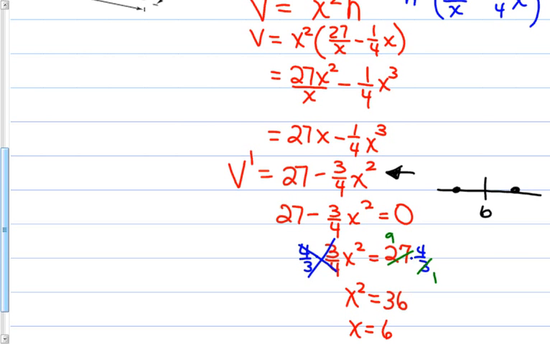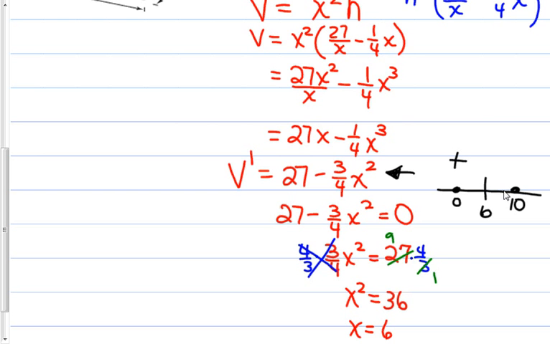I'm going to pick 0, right? Becomes positive. And then let's see, a friendly number. I think a friendly number would be like 10. So I plug in 0, I get 27 minus 0, so it's positive.